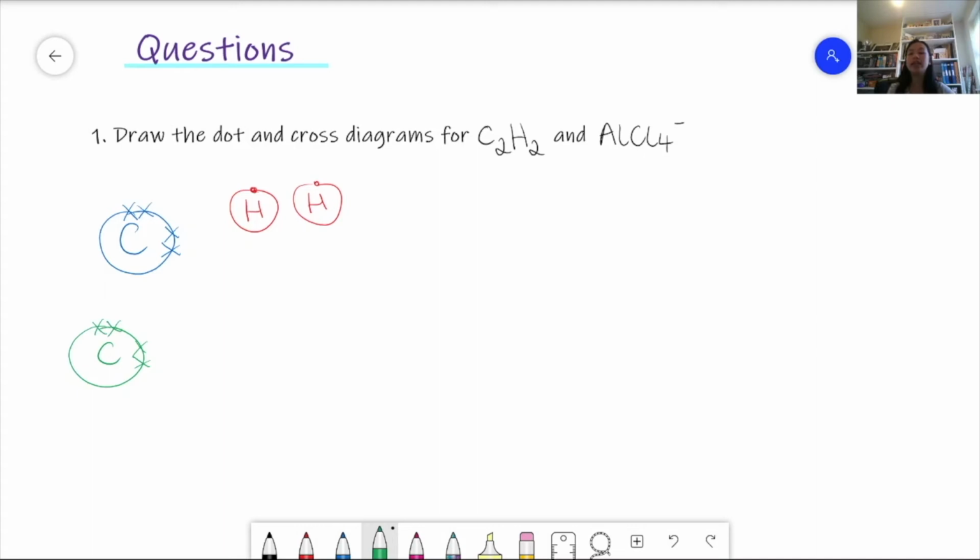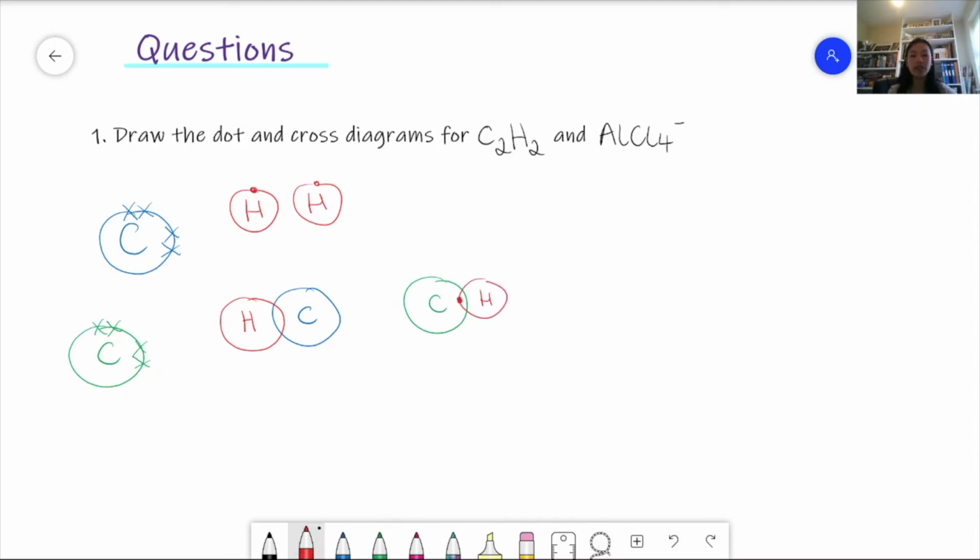So first, I think it'll be easiest to bond the carbons and the hydrogens first. So if we bond 1 hydrogen each to 1 carbon, so we have a carbon and we'll bond it to a hydrogen. And then over here, we'll form a carbon and another hydrogen.